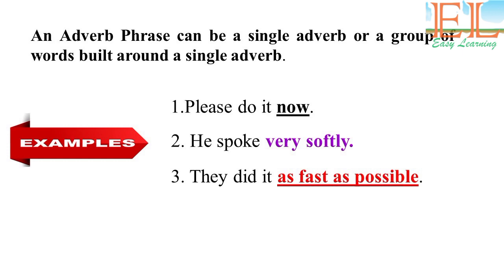"He spoke very softly." Very softly is the adverb phrase, telling us how he spoke. Then we have "They did it as fast as possible." And in all these instances, you realize that the adverb phrase is modifying the verbs in the sentences.